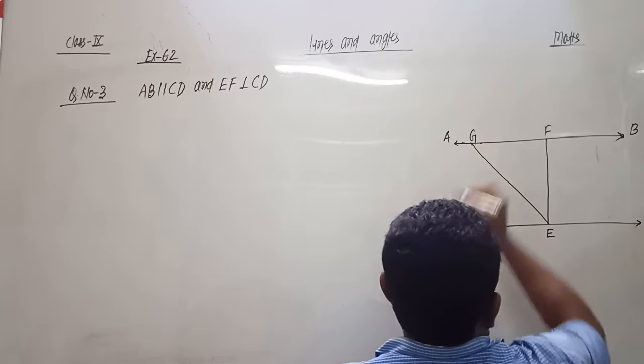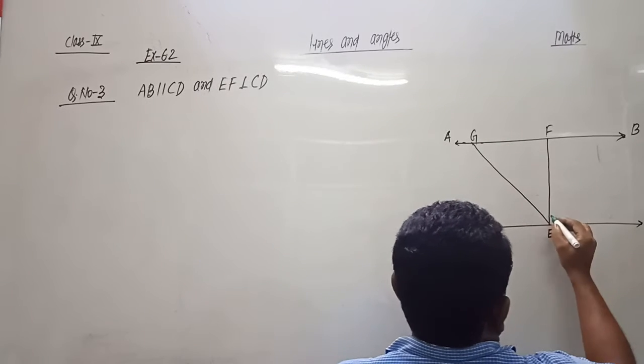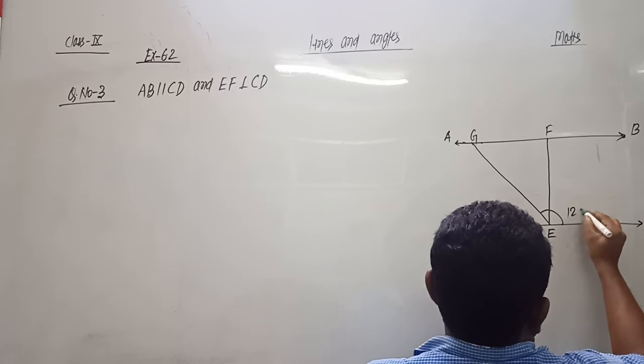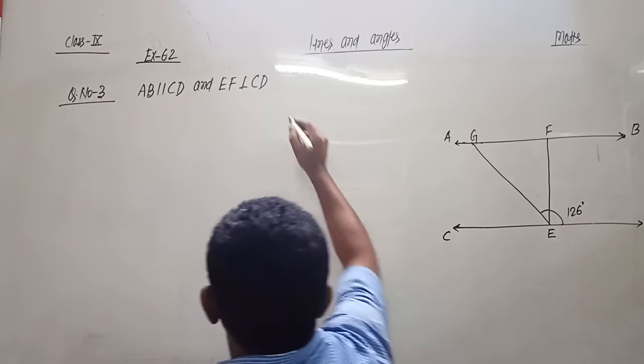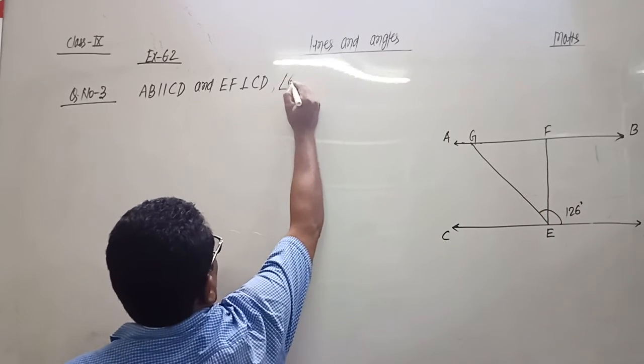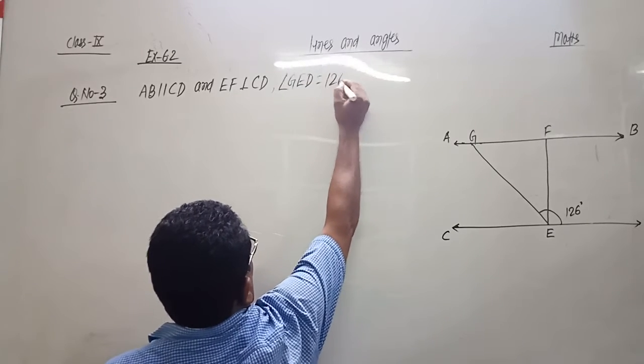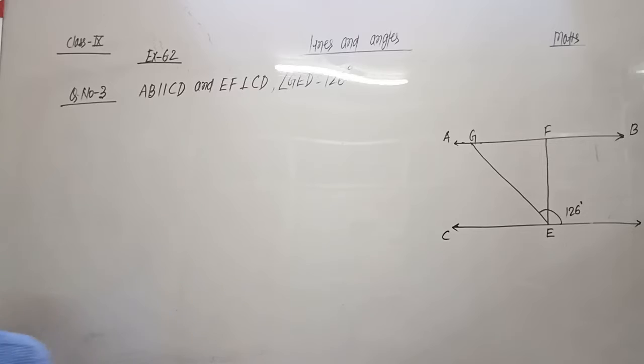This is point G, and we have given the whole angle. Angle GED is equal to 126 degrees. Find angle AGE.